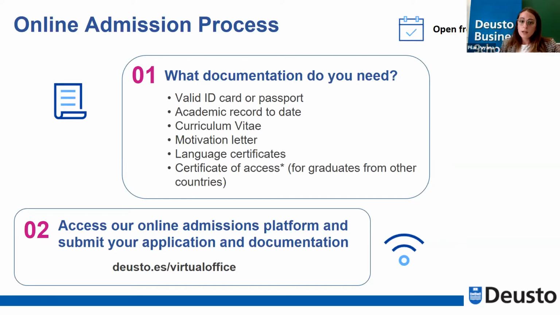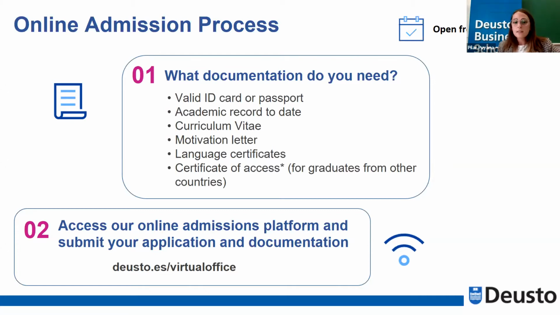We will also ask for a copy of your curriculum, your CV, a letter of motivation explaining your interest in the program and university. Depending upon the program itself, we may ask you for a language certificate to accredit different languages. And for all students who have completed their undergraduate studies in countries that are not Spain, you will be asked to submit a certificate of access.